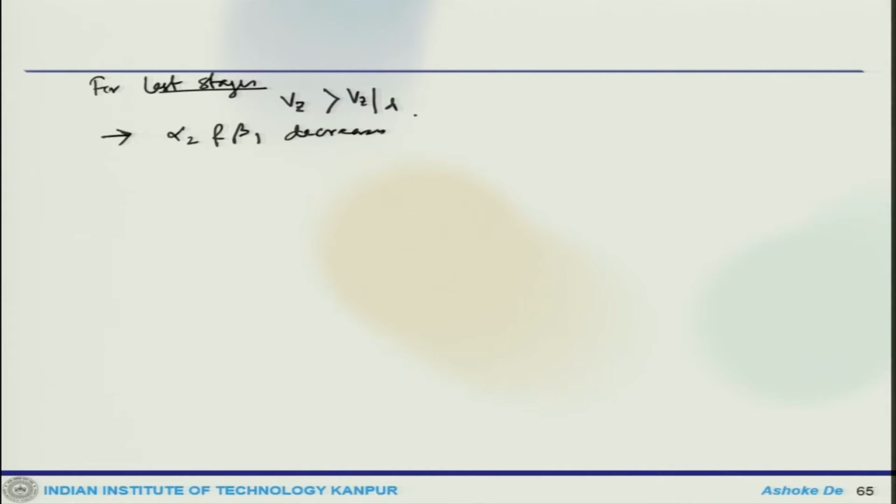Now, for the last stages, our Vz is higher than the Vz design. So, when alpha 2 and beta 1 decrease, it at the same time decreases the loading on blade passages.